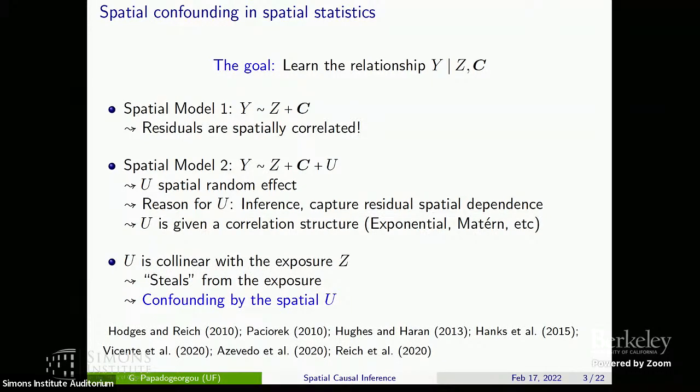Their goal of estimation is the conditional relationship between Y and Z given C. When they put the spatial random effect in there, that acts as a confounder in that it blurs the relationship between Y and Z, given the measured covariates. There is literature in spatial statistics that discusses this problem.